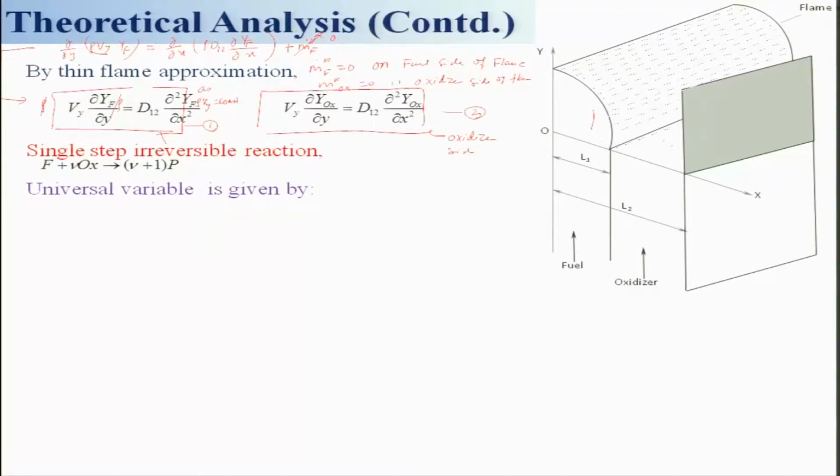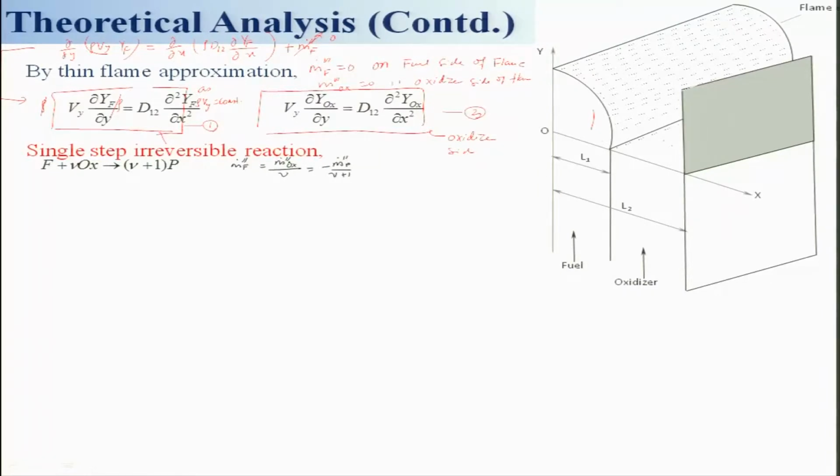If you look at this reaction, the mass flux m-dot triple prime of fuel is equal to oxidizer by ν is equal to minus product by ν plus 1, because I have taken minus on this side, that is all.